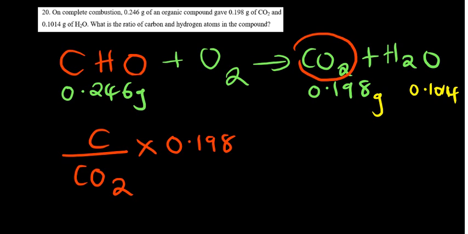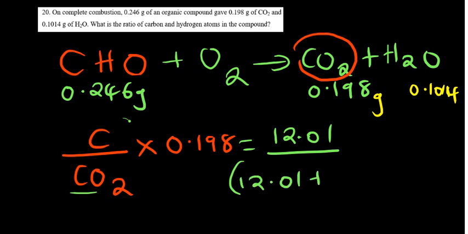Okay, so what are we going to have? We understand that where there's carbon, we can put the molar mass, 12.01. Then we put it over the total. So we have 12.01 of carbon plus 2 multiplied by 15.99 for the oxygen as your molar mass, multiplied by the mass.